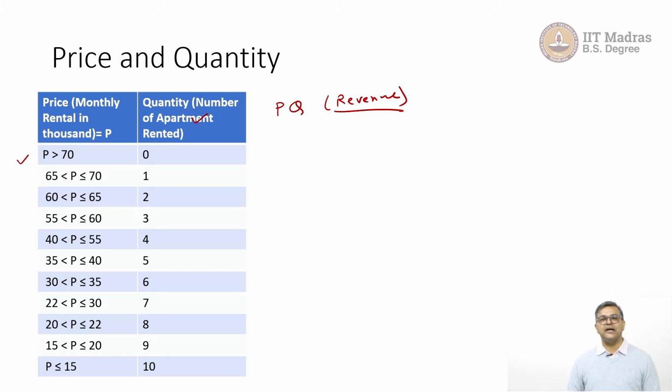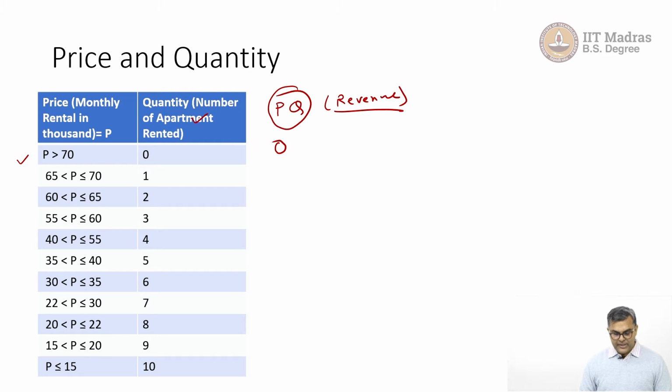We can assume that as apartments are already made, the apartment complex owner is not going to incur any extra cost. So, what the apartment owner is interested in is maximizing revenue. So, if price happens to be above 70, total revenue is going to be 0.